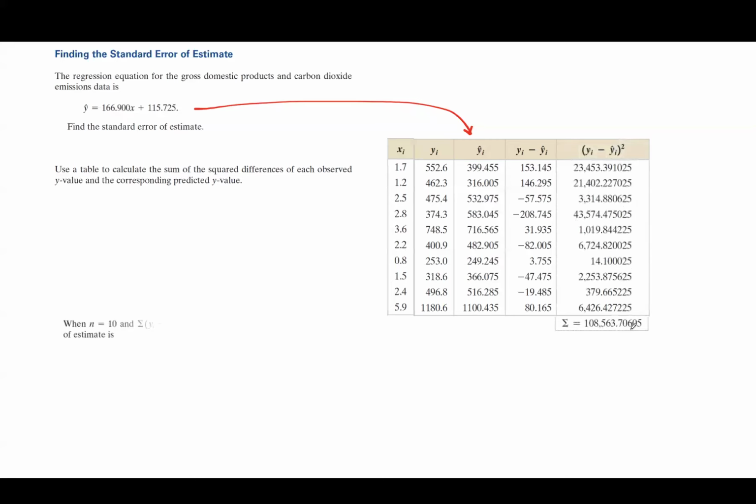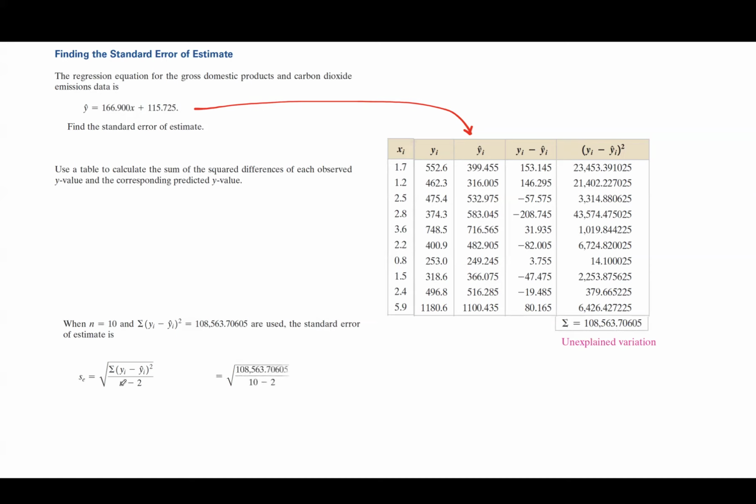Now, when n is equal to 10, and the summation of yi minus yi hat to the second power is 108,563, the standard error of estimate can be calculated as the square root of the quantity that you calculated here divided by n minus 2.